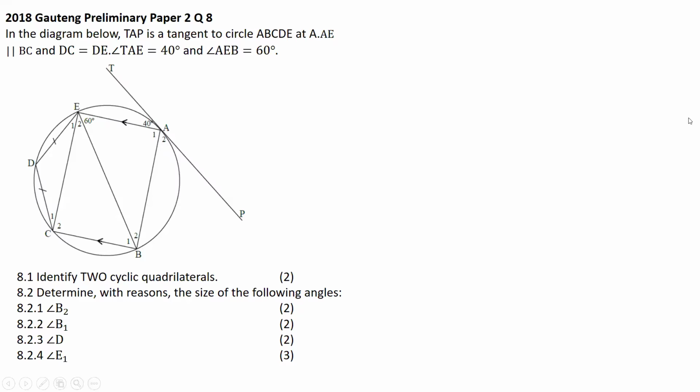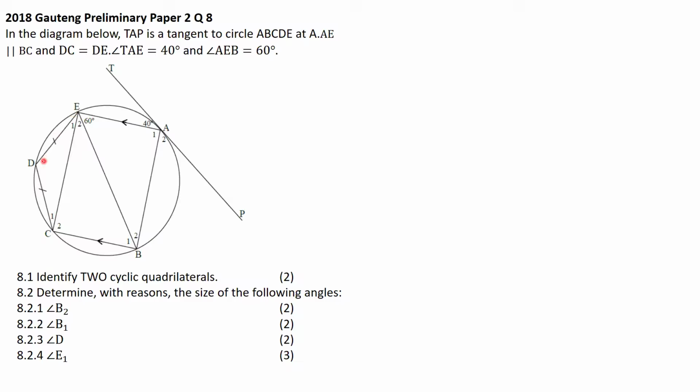The story starts as follows. In the diagram below, TAP is a tangent to the circle ABCDE. I see it on the diagram as well. About A, B, C, D, and E. Then it says AE is parallel to BC. It's also on the diagram. So that's AE parallel to BC, and DC is equal to DE.